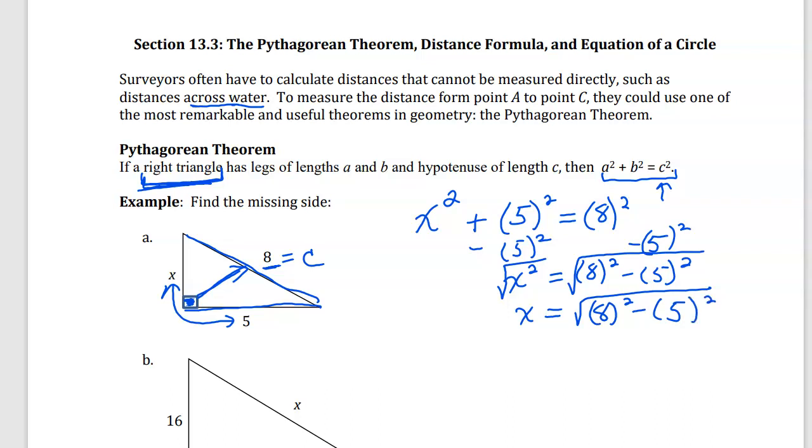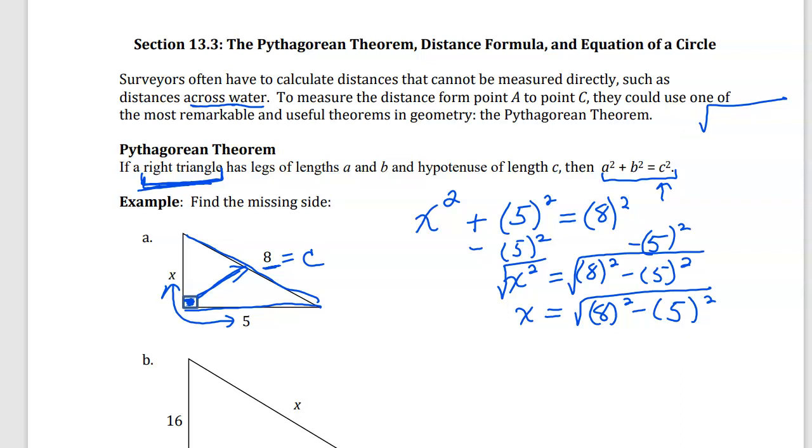Now please be careful. Yes, that square root got rid of the square on the left-hand side. That square root does not get rid of these individual squares. I have to solve for this entire side and then take the square root. Okay? So in other words, c squared up here, I can solve this, and it would look like c is equal to the square root, not c is equal to.